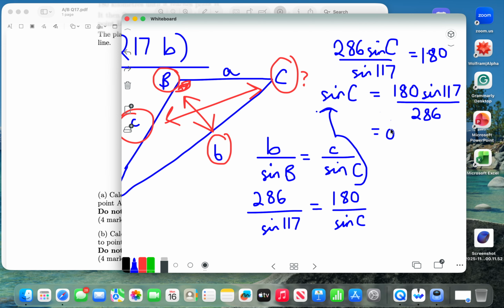So it's 0.56073. We'll take the inverse sine of that and we get the angle C is 34.1093 degrees.